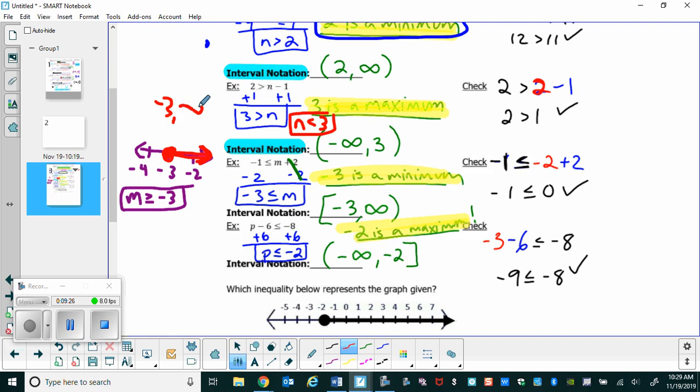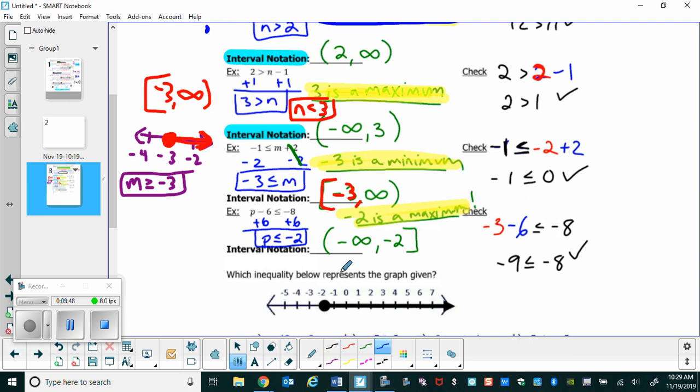We shaded up this way to the right, and we're heading into the positives and heading up towards infinity. You can never equal infinity, but this time because we shaded in the circle, this one gets the bracket. So there's your bracket with the negative 3, and then you shaded up to the right, so the infinity is on this side.